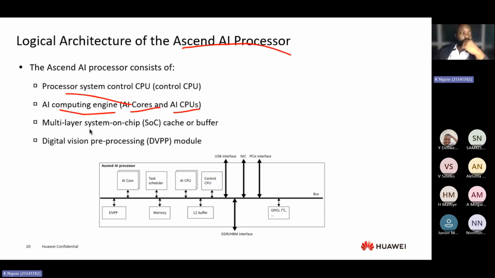And then we have a multi-layer system on chip, which is for the cache and the buffers. And then you have the digital vision preprocessing module, DVPP. So this will be the Da Vinci architecture of these Ascend AI processors.